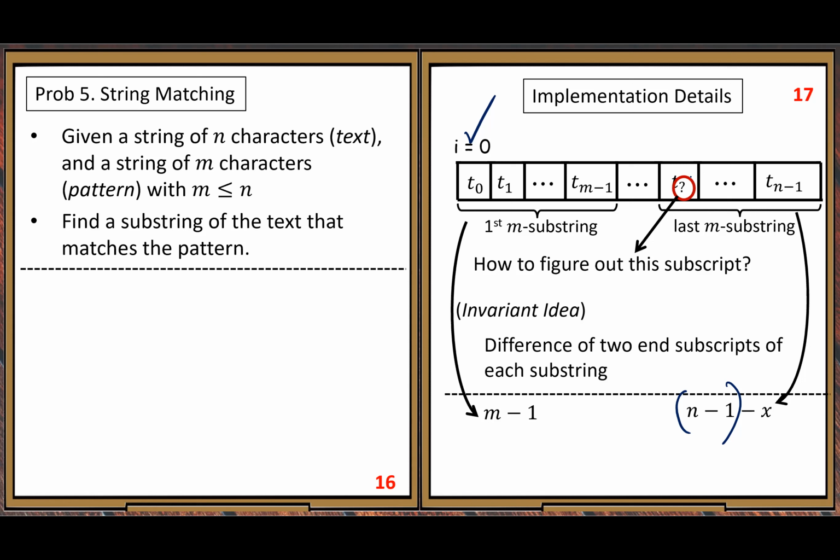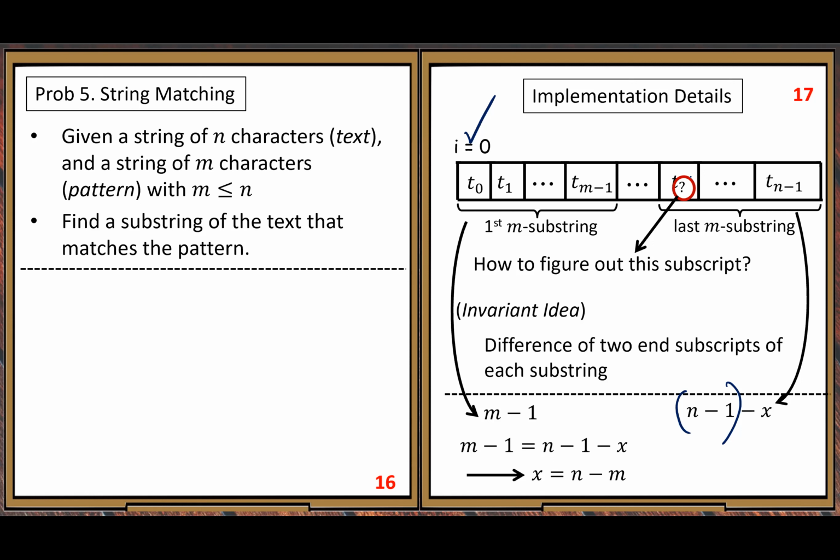This difference is N minus 1 minus X. Then we set up this equation and solve for X. So the answer for X is N minus M. That's the answer.